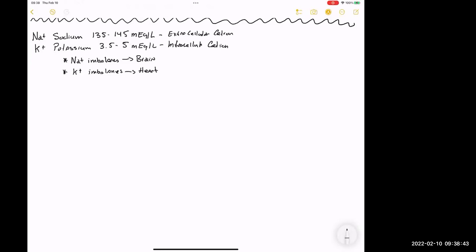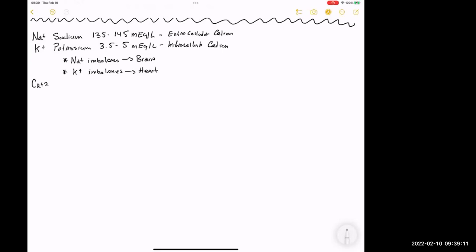Some other cations that I want to mention: calcium. All right. Calcium can exist as an ion dissolved in your blood, but it can also exist contained within the hydroxyapatite of your bones. And calcium can act as an electrolyte, but it can act as other things as well.